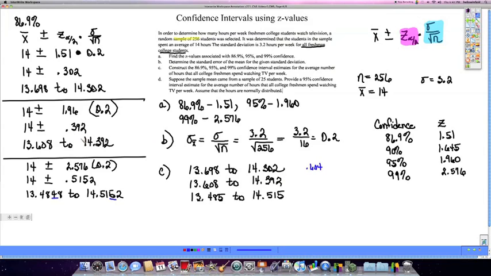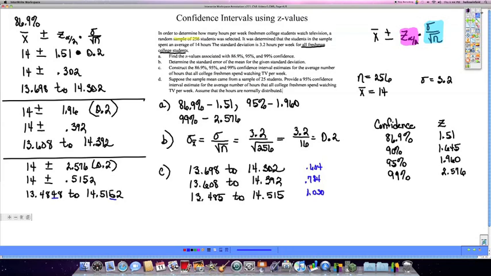The range on this one is 0.784. And the range on this one is double the 0.515, which is 1.030. And of course, once again, this represents the size of the range between the two values.